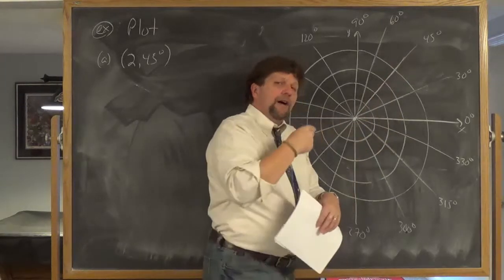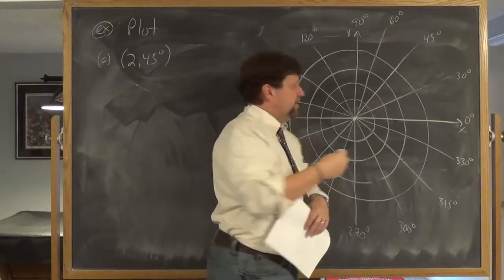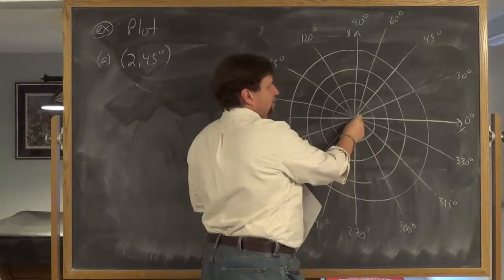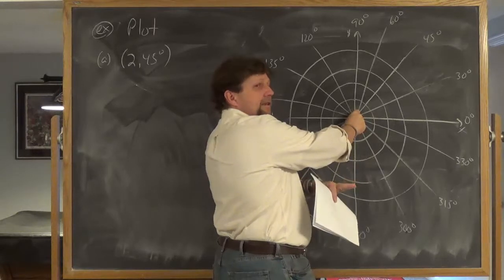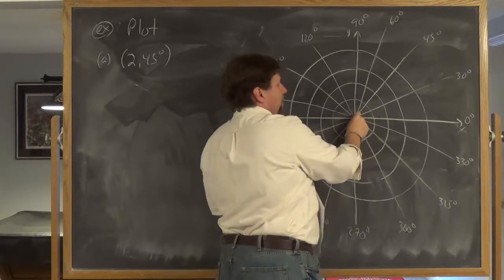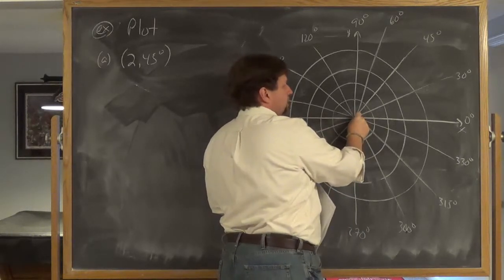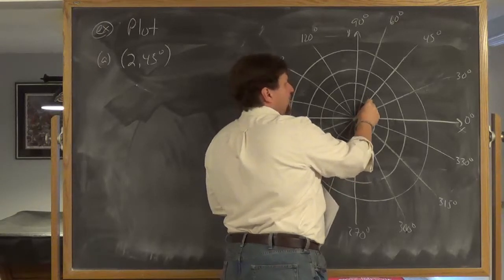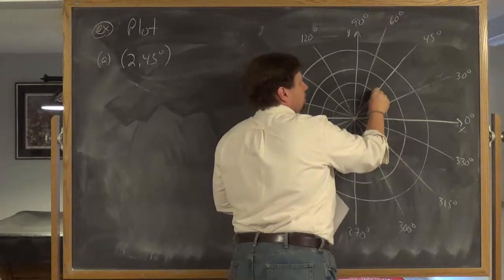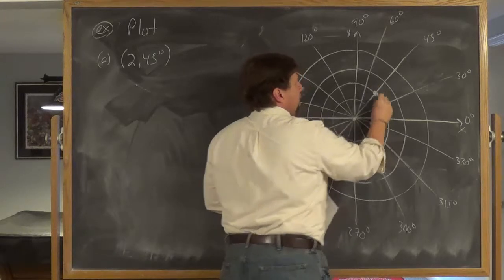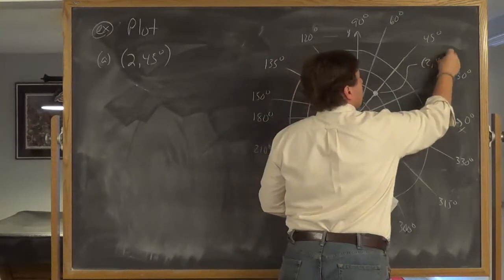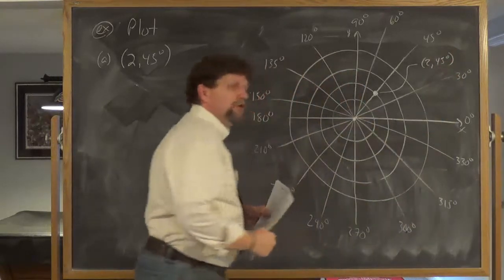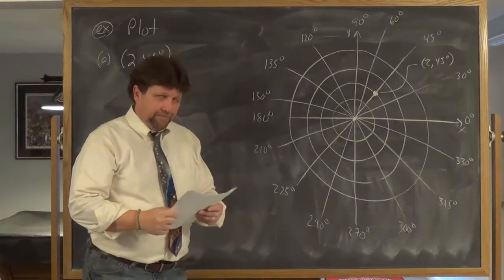Now my r value is a positive 2, so I will come out along my polar axis stopping point 2 units. That's 1, that's 2. So right there, that point is the polar point 2, 45 degrees.